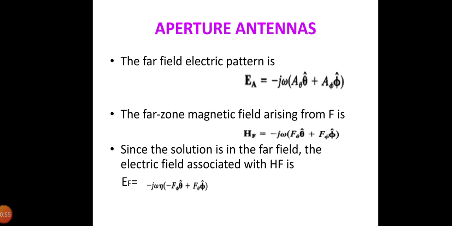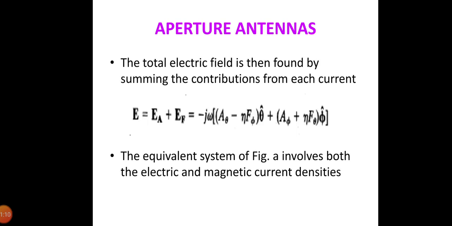Since the solution is in the far field, the electric field associated with H_F is given as E_F equal to minus j omega eta into minus F phi theta vector plus F theta phi vector. Now the total electric field is found by summing the contributions from each current, and E is equal to E_A plus E_F, that is equal to minus j omega into (A theta minus eta F phi) theta vector plus (A phi plus eta F theta) phi vector.